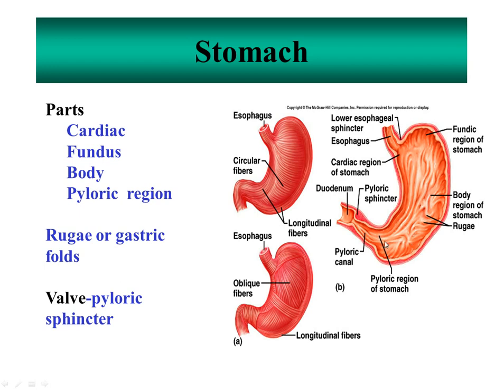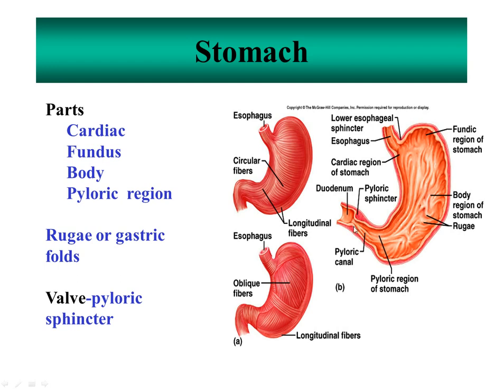This is the pyloric region of the stomach, and then the pyloric canal. It leads to the pyloric sphincter, and what did I say a sphincter was? A round smooth muscle that closes off. A sphincter muscle will cause constriction or dilation of this opening.